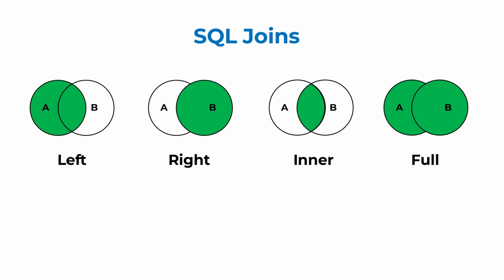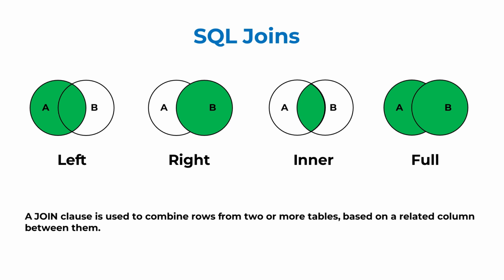Here we see 4 different types of joins. Starting from the left, we have left join, right join, inner join, and full join. Creating a join is very simple, and we will see in the coming slides how we can combine rows from multiple tables based on how they are related to each other.